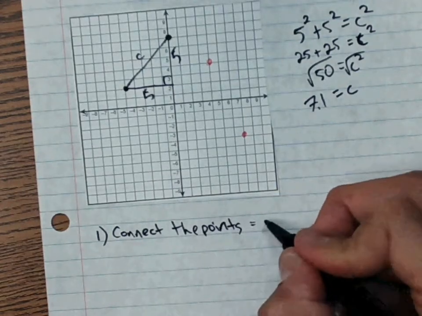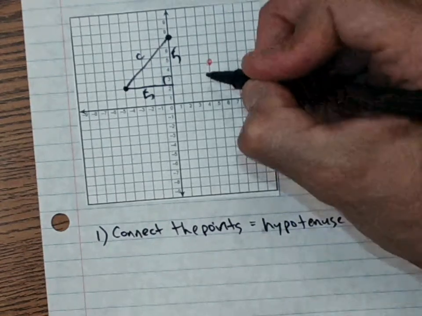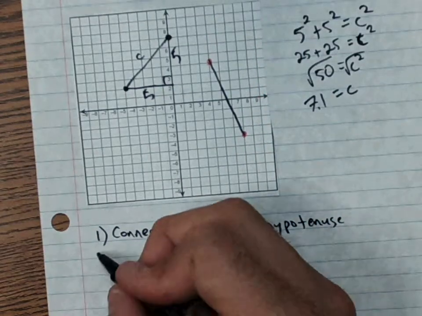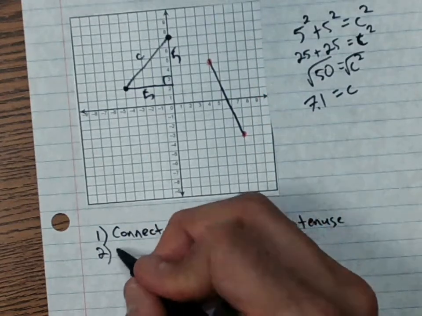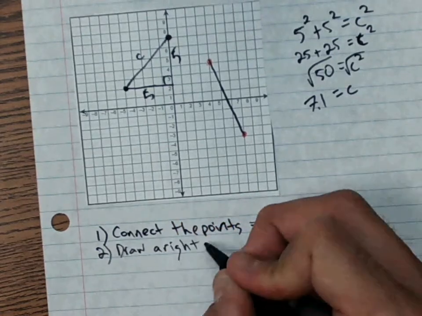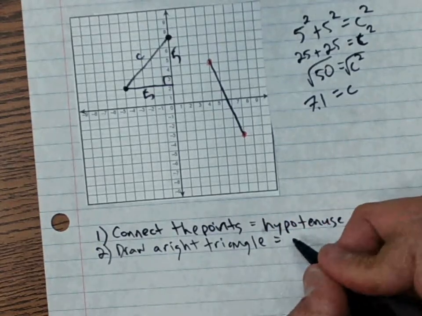And this will give you your hypotenuse. Connect my 2 points. That'll be my hypotenuse. Okay. Now we're going to draw a right triangle. And this will make the legs.